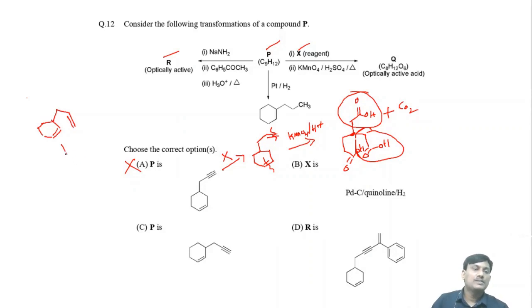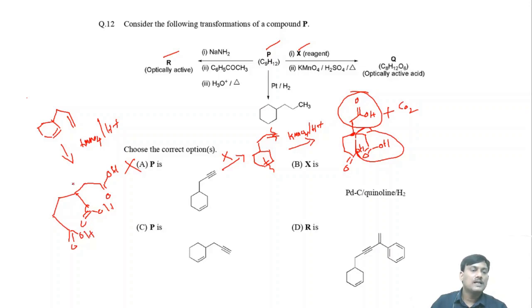And when you treat with KMnO4 in acidic medium, you will get this product, and this one will become COOH, and this one will become COOH, and this one will become COOH.